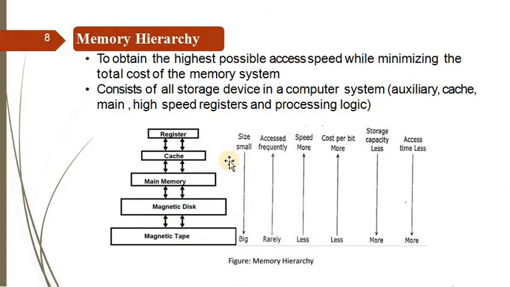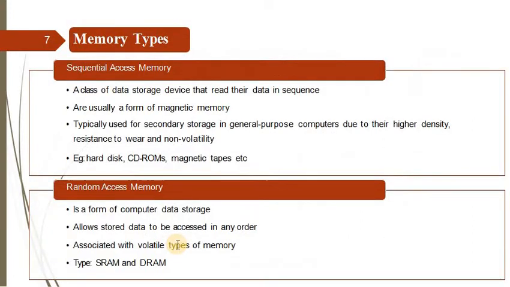Now we will see the memory hierarchy, to obtain the highest possible access speed while minimizing the total cost of the memory system. At the top of the memory hierarchy there is the register, then cache memory, then main memory, then magnetic disk and magnetic tape.